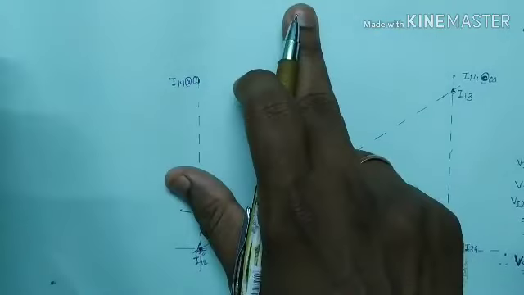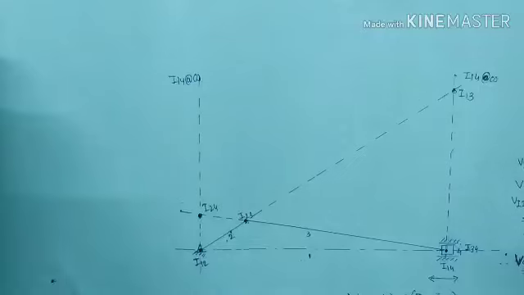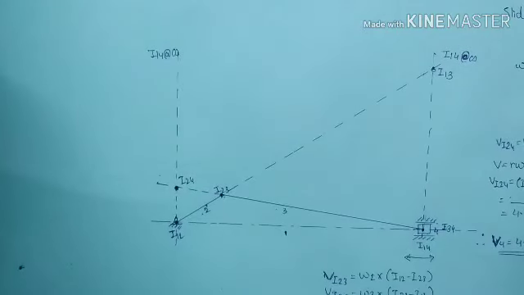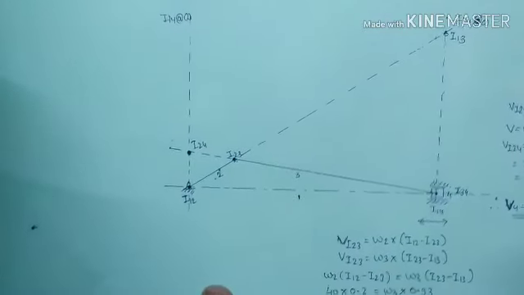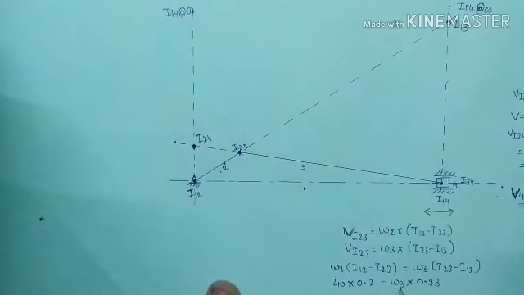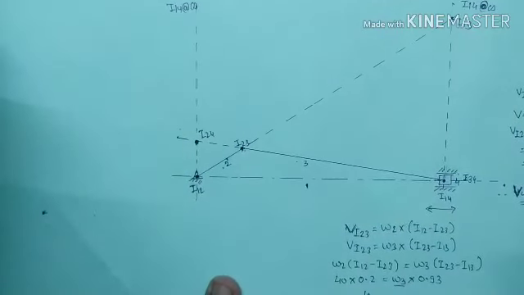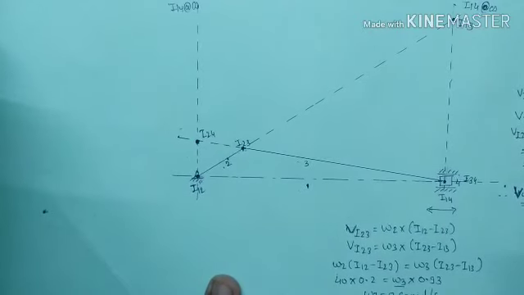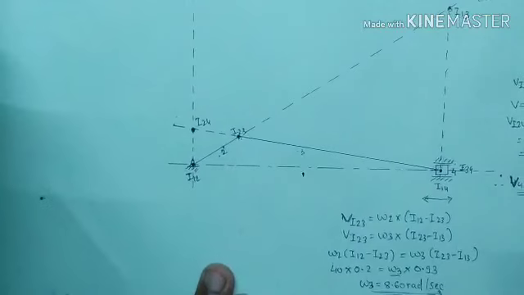Now 11.7 centimeter into 80 becomes 900 something, which converted to meters is 0.93. So omega 3 will become 8.60 radian per second, and this is our final answer.